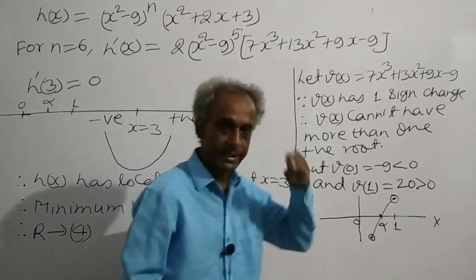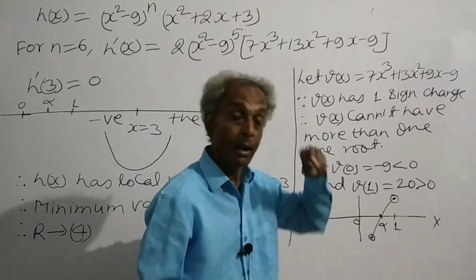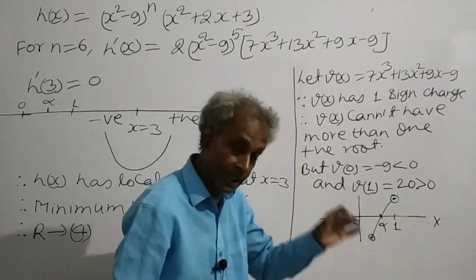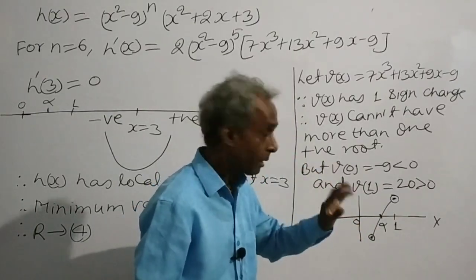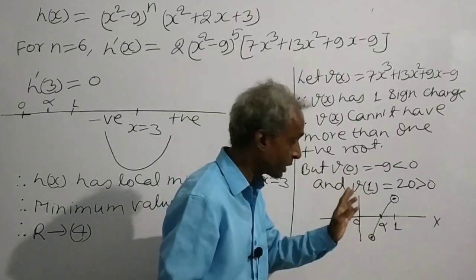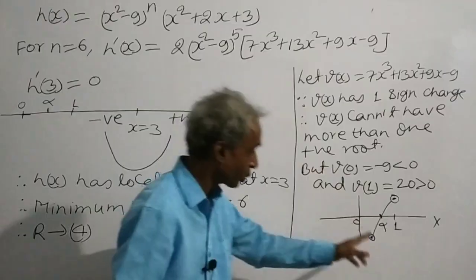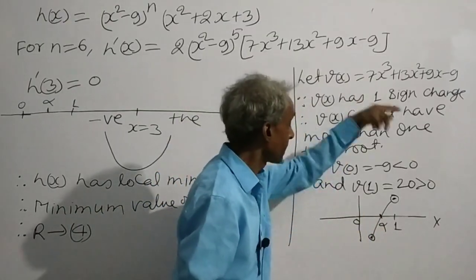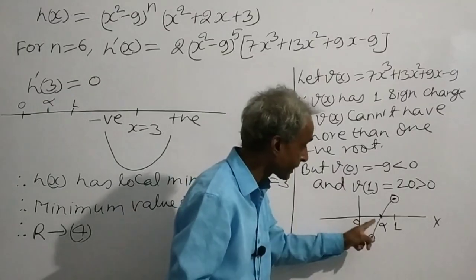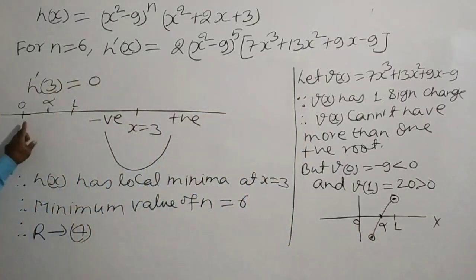if it has any other real root, then they may be negative root, but more than one positive root is not possible. Exactly one positive root is there of this equation Vx is equal to 0 and that root lies between 0 and 1.